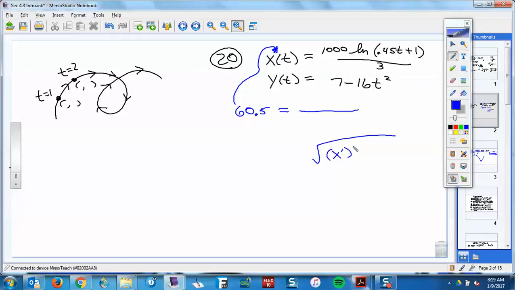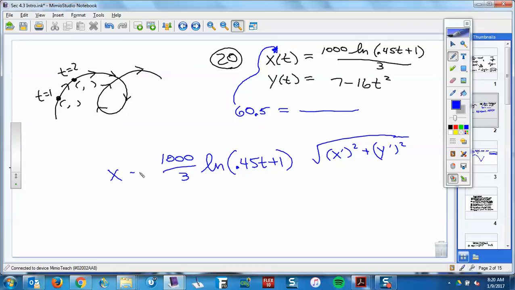That's x prime squared plus y prime squared. So you have to do the derivative of this. But that's easy. I mean, if I was going to do that derivative, number one, you could put it in your calculator. But really, here's how I would write that equation. If I was having to do a derivative on this one, I would write it like that. That 1,000 over 3 is just a number sitting out in front.